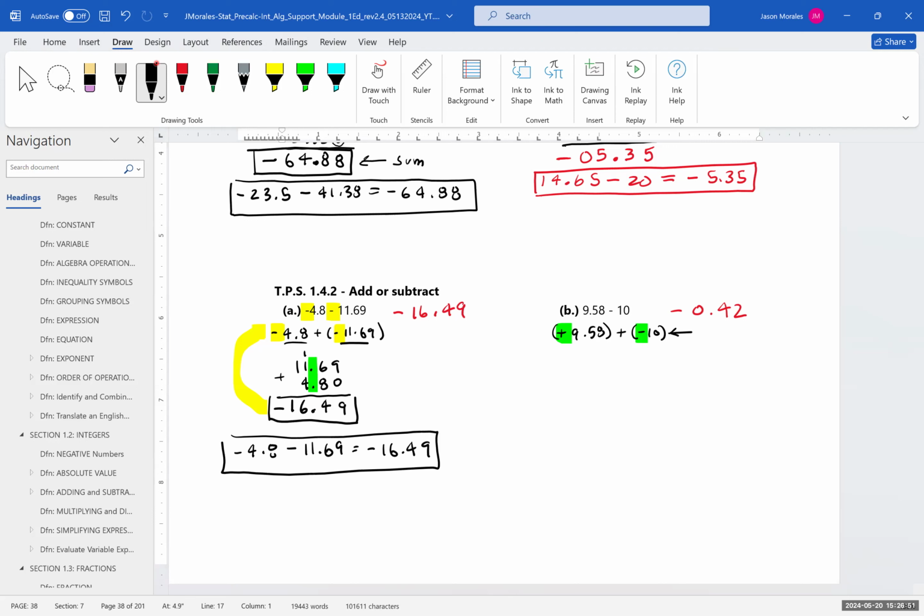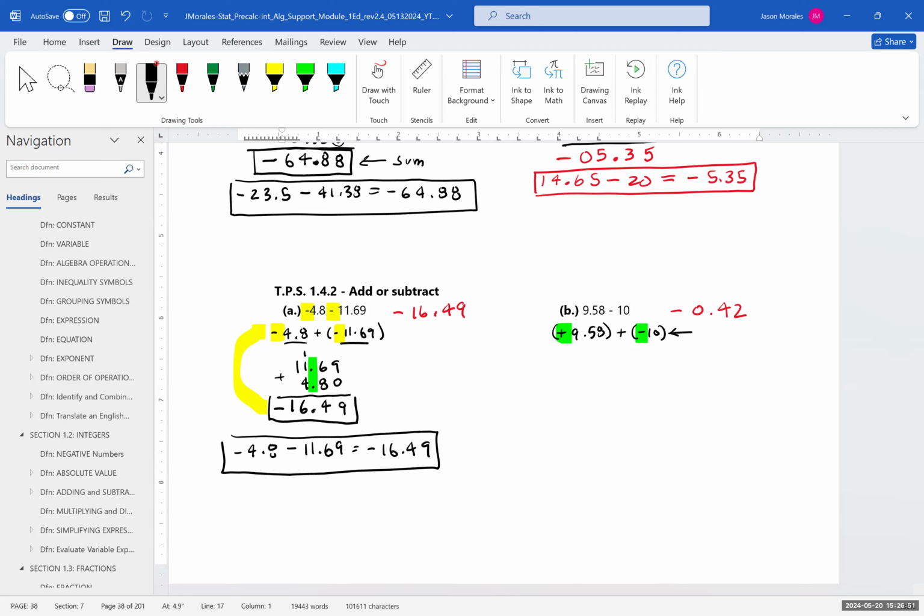And we can borrow 1 from the tens place, and that'll give us 10 here in the ones place. Now we need to borrow 1 from this ones place to make that a 9. And that borrowed 1 will make 10 here in the tenths place. And now we can borrow 1 from the tenths place to make that a 9, which will give us a 10 in the hundredths place.